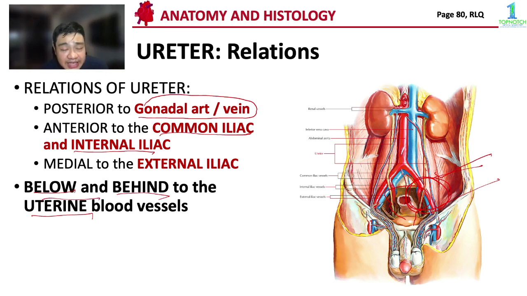As they are ligating the blood supply of the uterus, they run the risk also of masama or ma-injure ang ureters. That's why when they do their tabiso, if they can, kailangan i-dissect away nila yung ureters from the uterus because pwede nilang tamaan yun, especially the more distal or pelvic portion of the ureter.